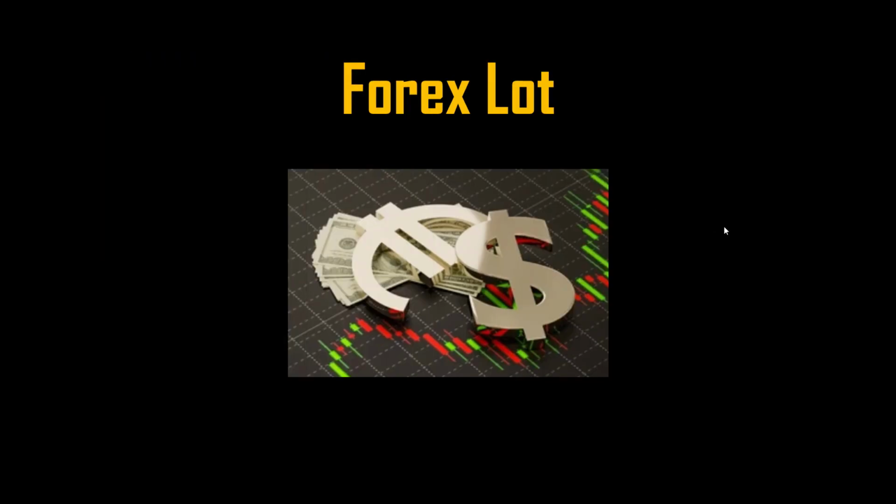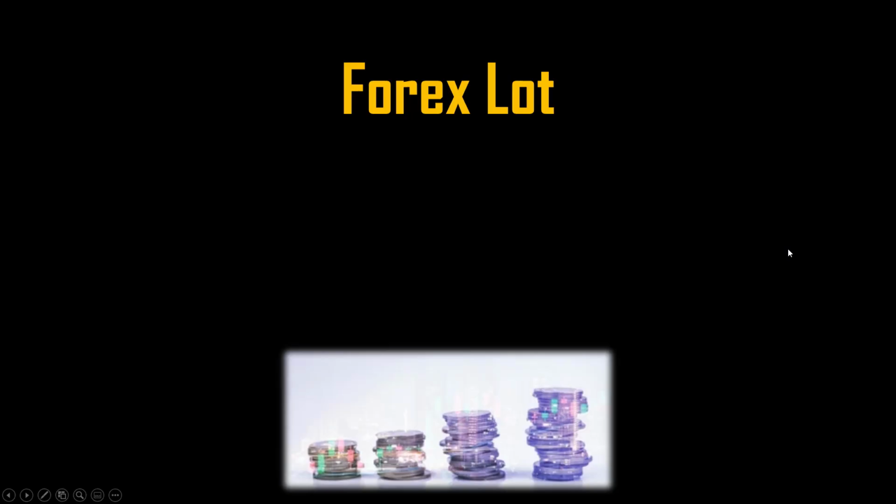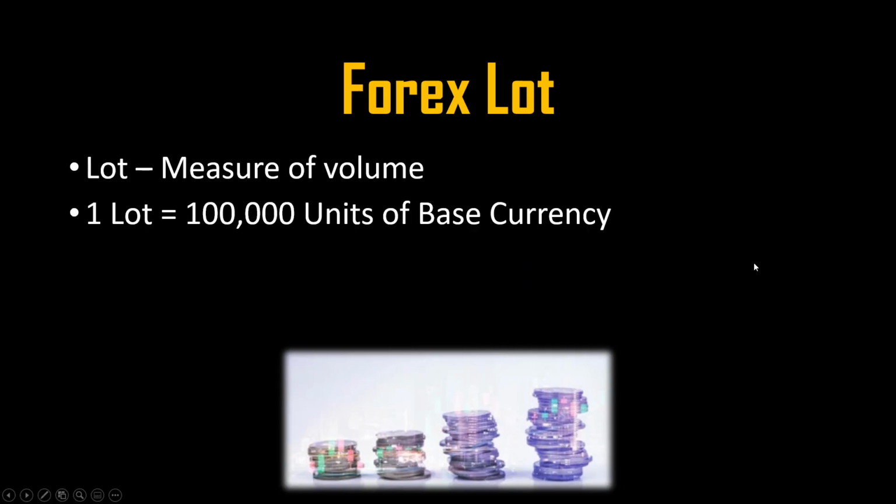So let's dive further deep into this part. Forex lots, a lot is a measure of volume. That's simply what it is, right? One lot is 100,000 units of base currency. Ideally, there's times I'll trade 50 lots, 60 lots, 75 lots.